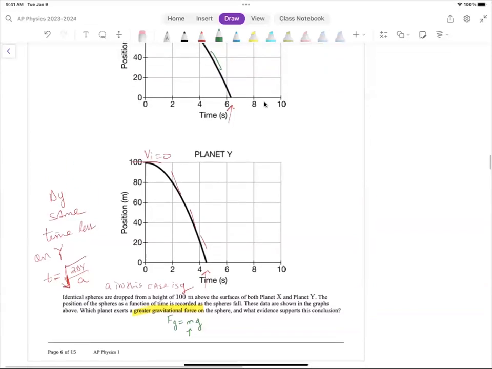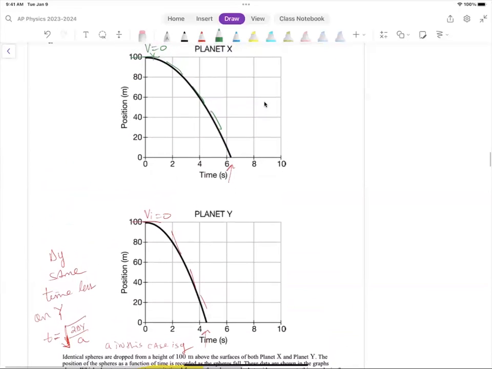Well, if you look at the graph, it was dropped from rest, so the initial velocity is 0. And then the time to reach the ground is less for planet Y. So I know it by using UAM equations, again, initial velocity is 0. I can solve for time using my second UAM equation. T equals the square root of 2 times delta y over a. Both delta y's are the same.